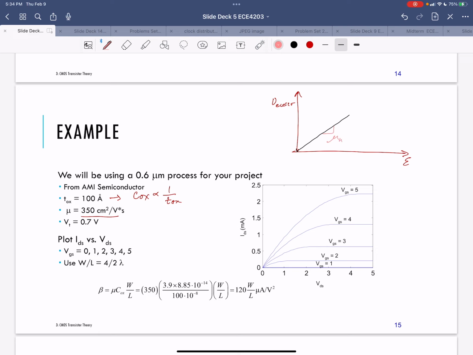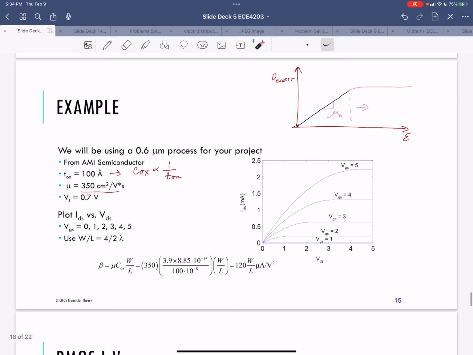Then as you hit a certain maximum value at some point, because your mobile carriers start hitting your silicon atoms, this flattens out. But again, that's at a relatively high electric field. We'll talk about that. But before you hit that region, mobility is basically the relationship between the velocity of your carriers and the electric field.